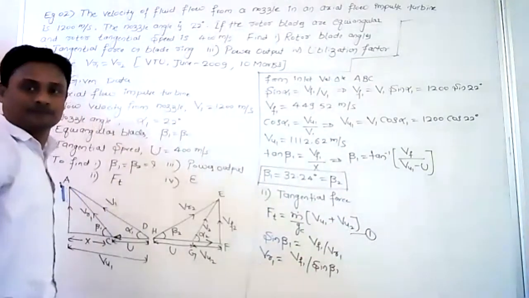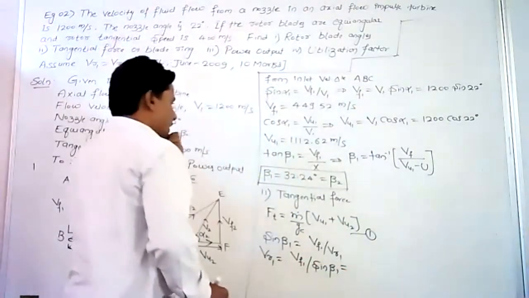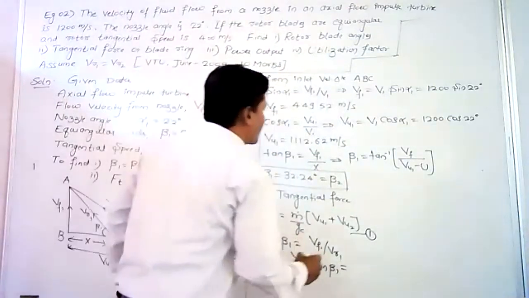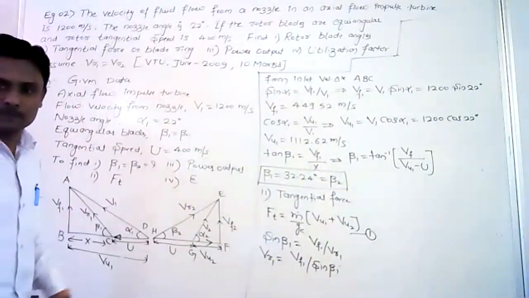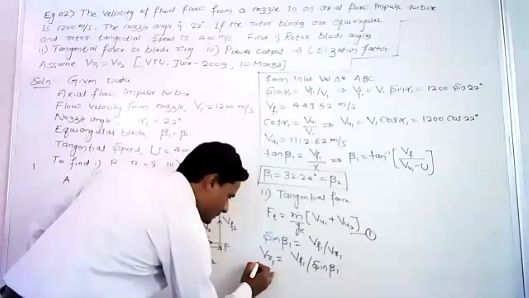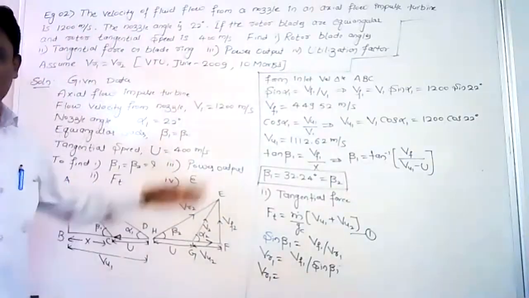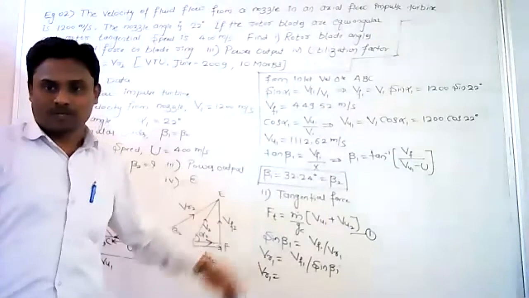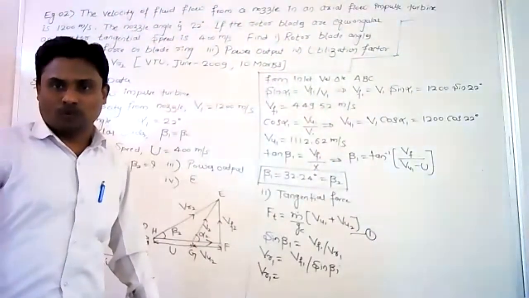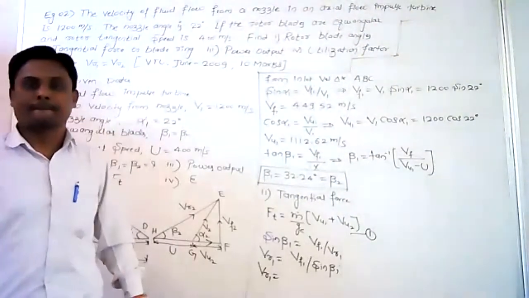VF1 is known, 449.52, divided by sine beta 1. Beta 1 is 32.24. Get the value of VR1.